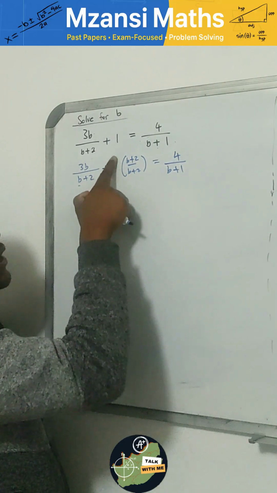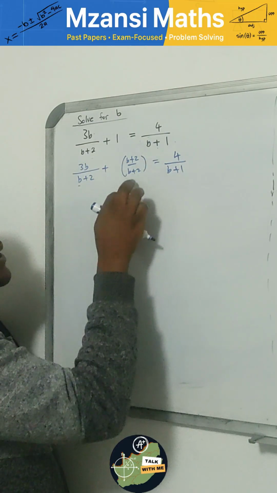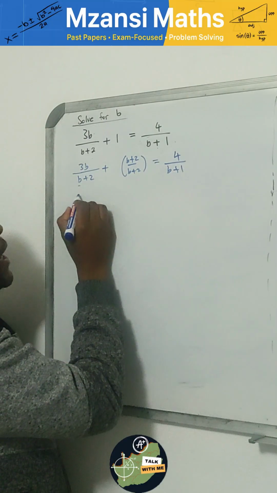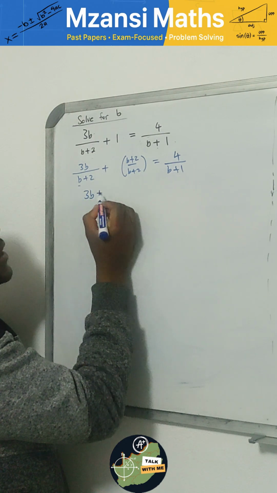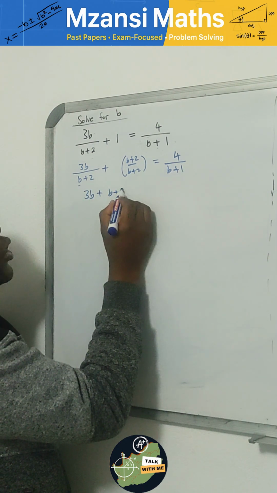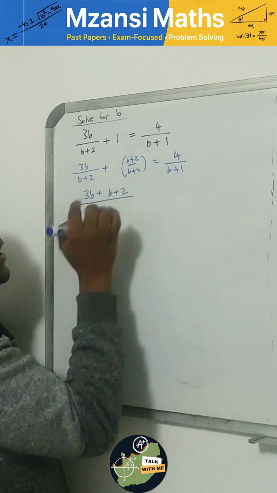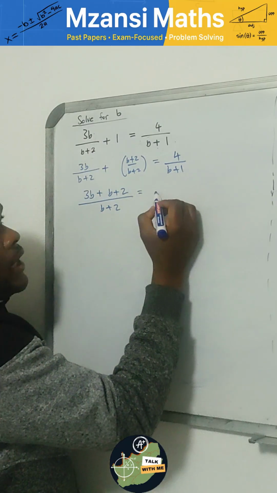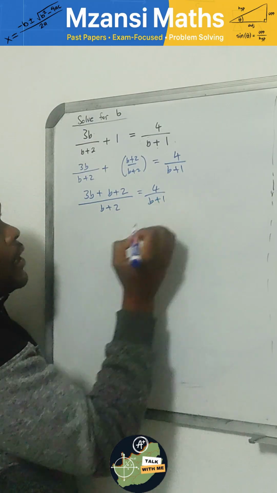Even if I get rid of this one, it doesn't make a difference, right? Because b plus 2 over b plus 2 is 1 anyways. So now my left hand side will be 3b plus b plus 2 over the lowest common denominator, b plus 2. The right hand side I carry on with 4 over b plus 1, right?